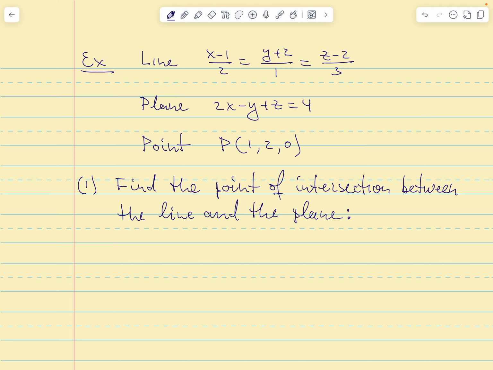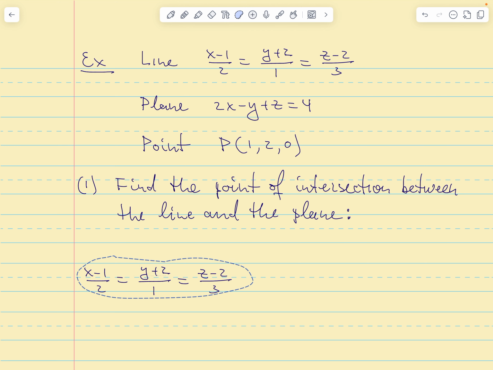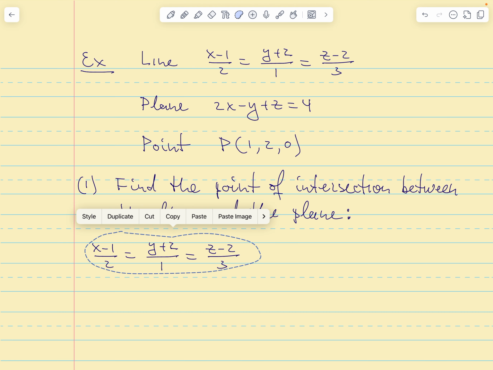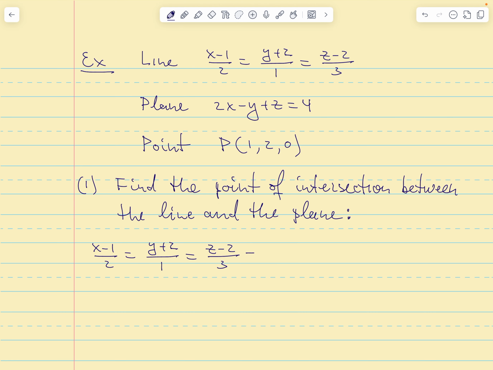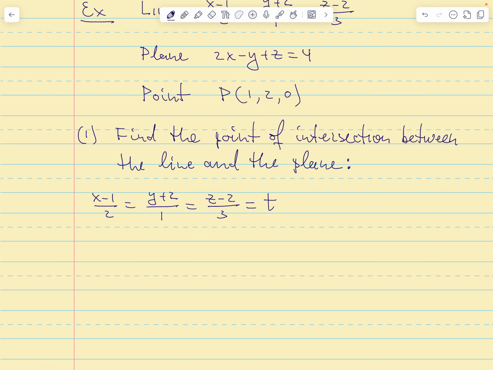So first thing that we'll do, we're going to change the symmetric equation of our line to the parametric equation. So we set all the fractions in the symmetric equation equal to t, and then solve for x, y, and z.